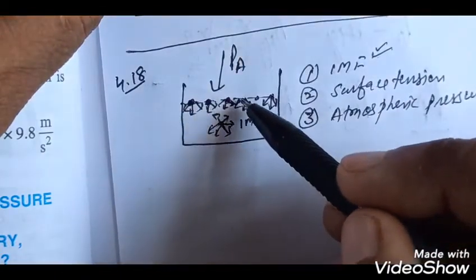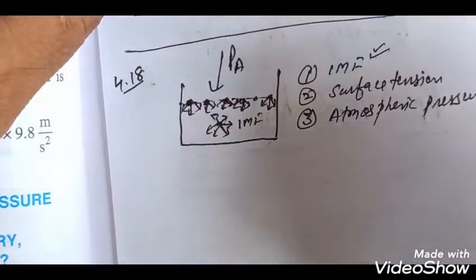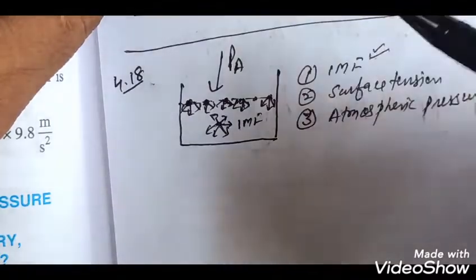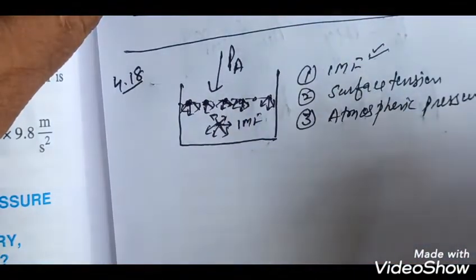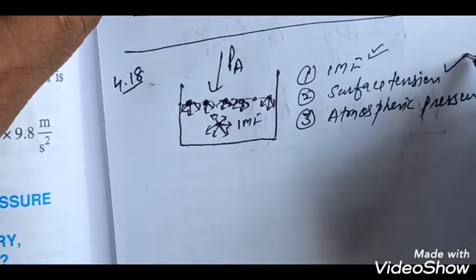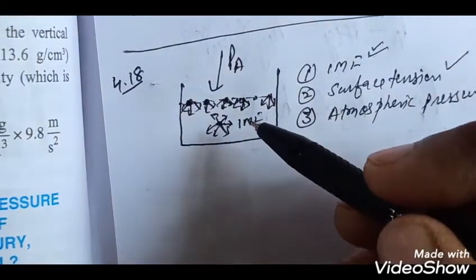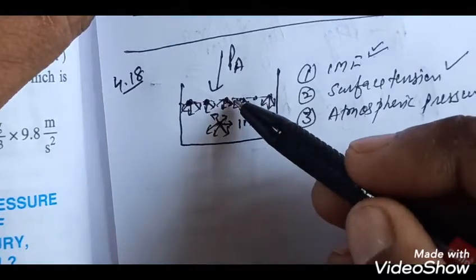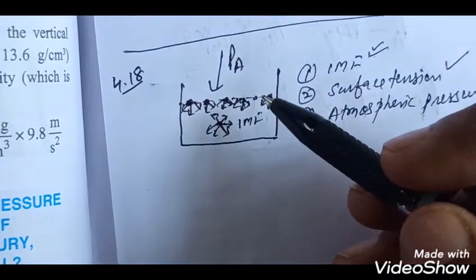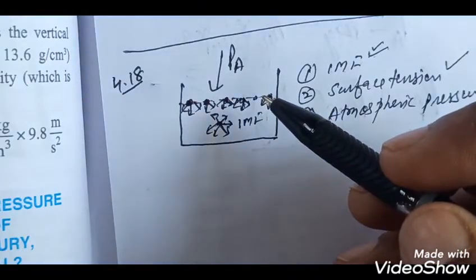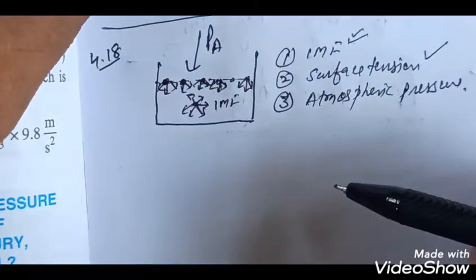Because of this downward attraction, it results in another property of liquid, that is surface tension. So the surface behaves like a stretched membrane. Any molecule striking the surface is pulled down. It is pushed down because of surface tension.